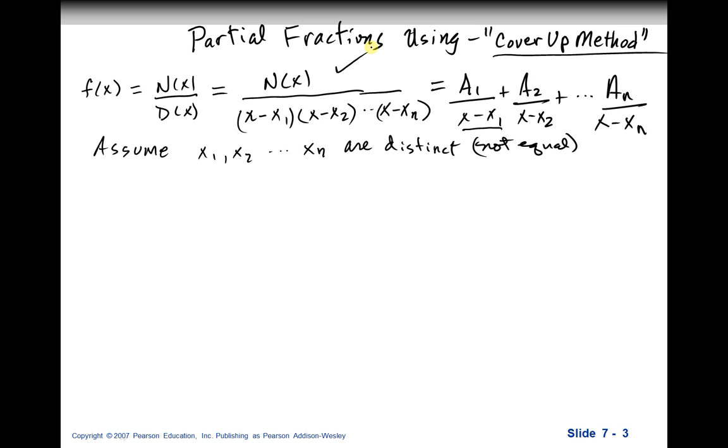And if that is so, we can show that a1 can be written as the numerator divided by x minus x1, but you cover it up and evaluate the rest of the function at x equal x1.